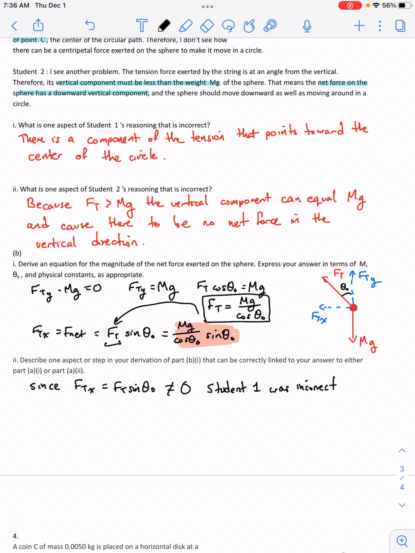And then for the second part, we can see there that Fty is equal to mg, right? So the net force in the y direction is 0. Okay?